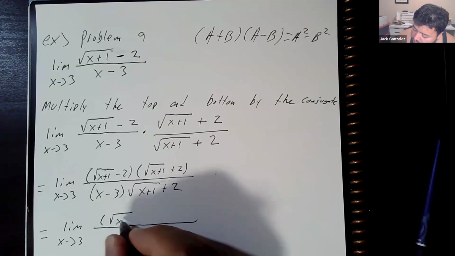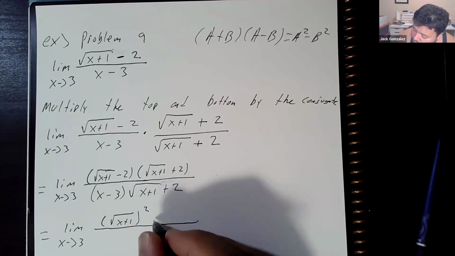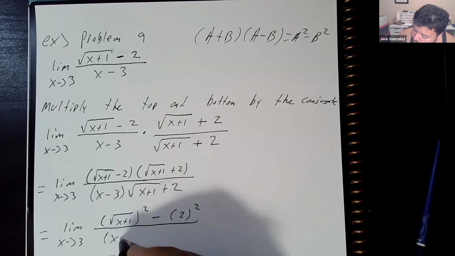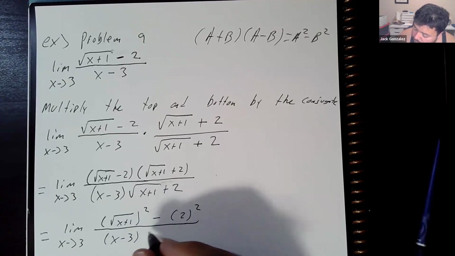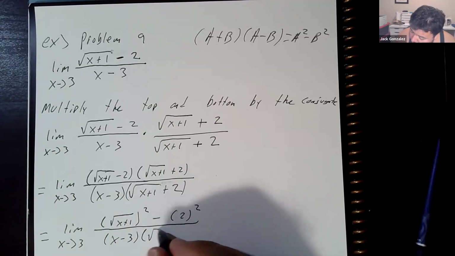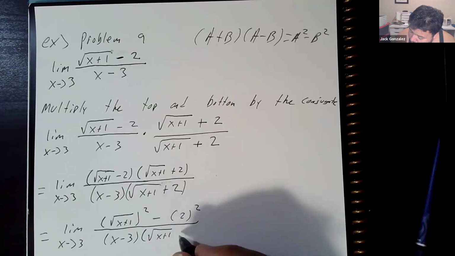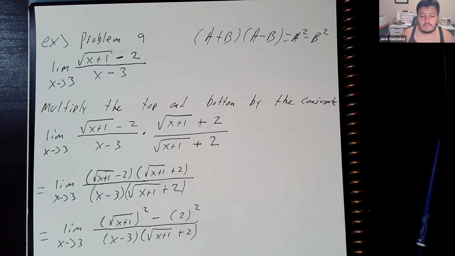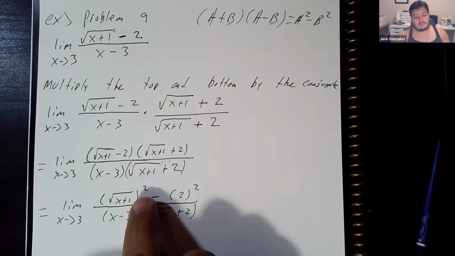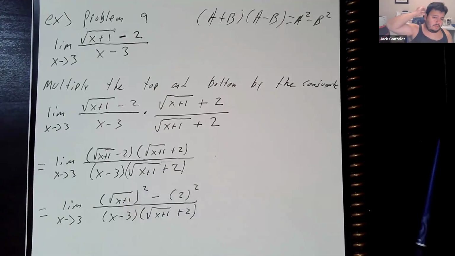I'm going to skip a step, but this is what you would end up with. That's why I did this, in order to square this on purpose. Do you have any questions before we go any further? Do you see what we did?